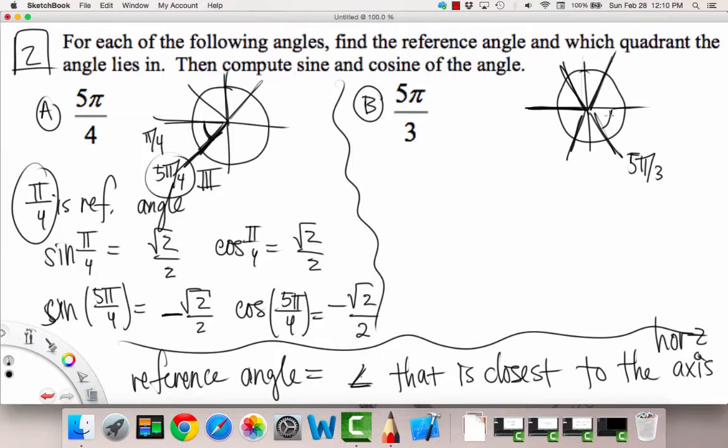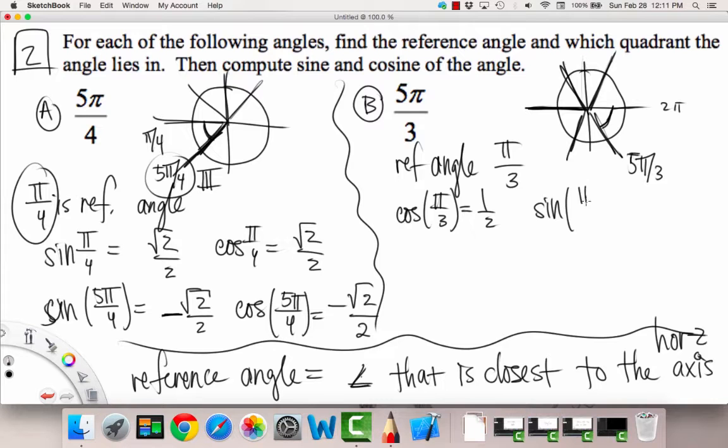The closest that we get to any horizontal axis is that we're pi over 3 away from 2 pi, right? So our reference angle is going to be pi over 3. Pi over 3 is like 60 degrees, so cosine of pi over 3 is equal to 1/2, and sine of pi over 3 is the bigger one, radical 3 over 2.